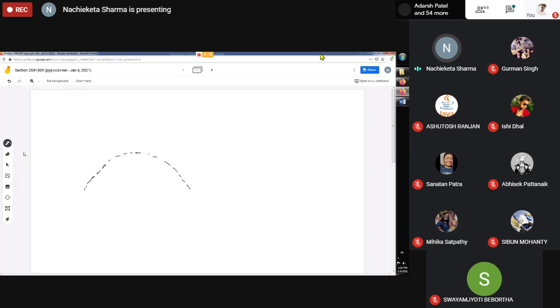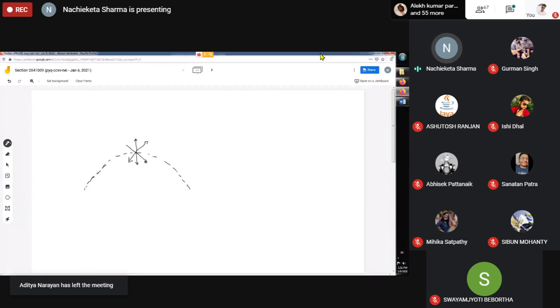One is like this, another is like this, all of the same length, and one is like this, another is like this, then there is one like this, another like this. So how many? 3, 3, 6, and then one is like this, and another is like this.